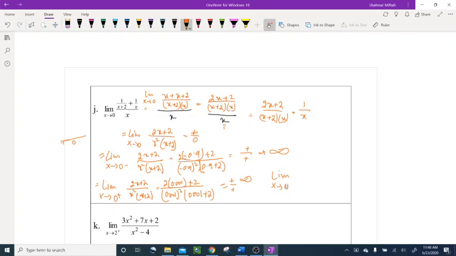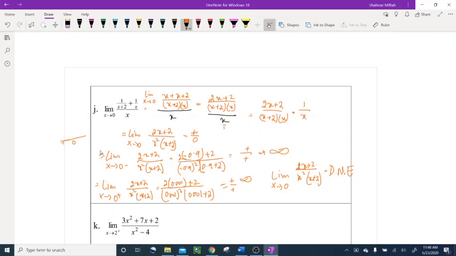Limit x approaches 0 of 2x plus 2 over x squared times x plus 2 equals does not exist, because we have infinity from left and right. Even if they are both the same infinities, like both positive, still the limit does not exist.